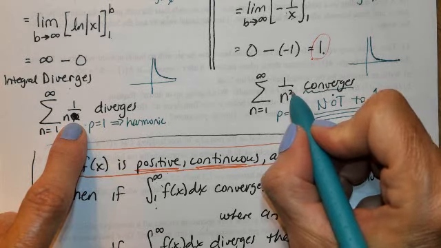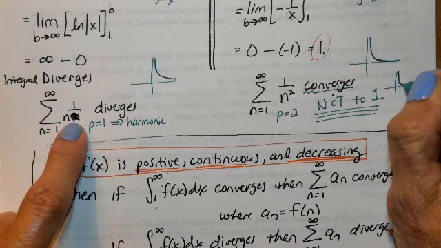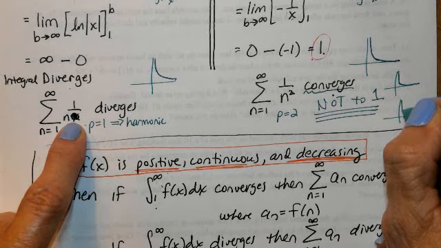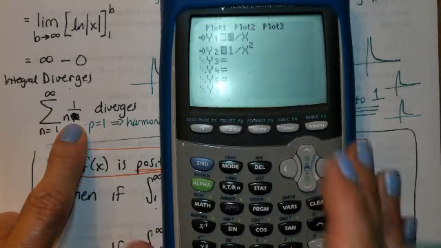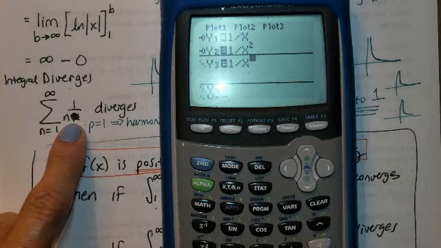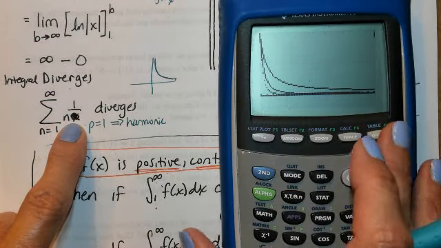What if it was n cubed down here? Well, if it was n cubed, it would get close to 0 even faster. What if it was n to the 10th? We could go and look on our calculator. I still have these in here. What if we had 1 over x cubed? So we're making p larger.